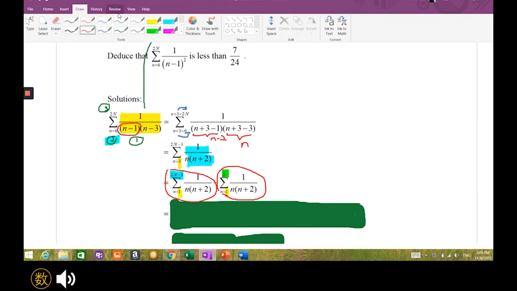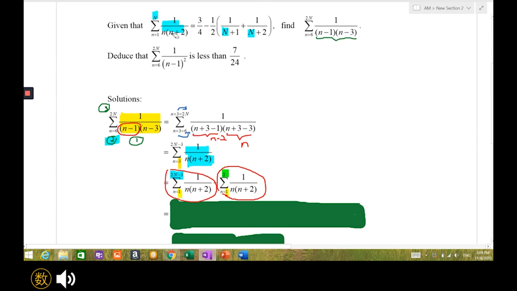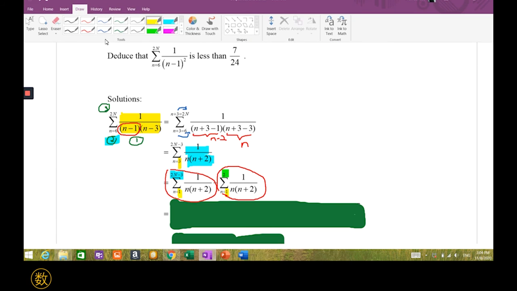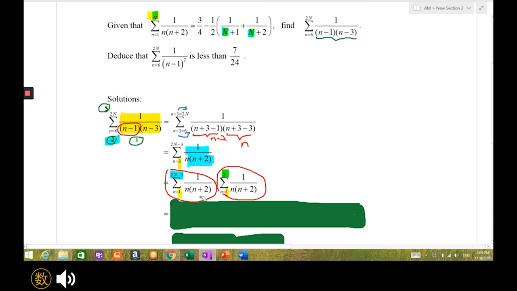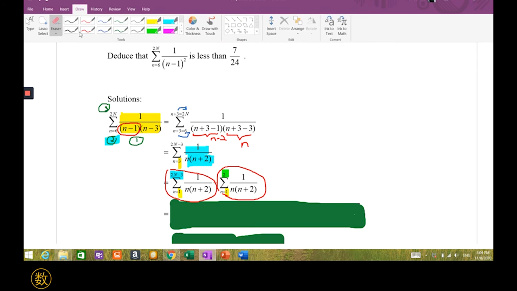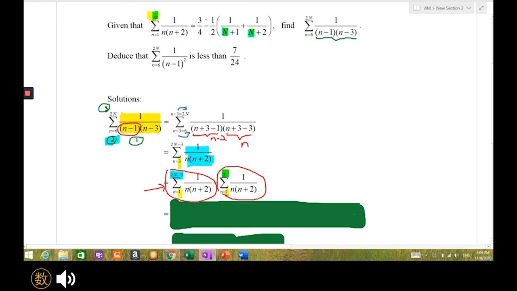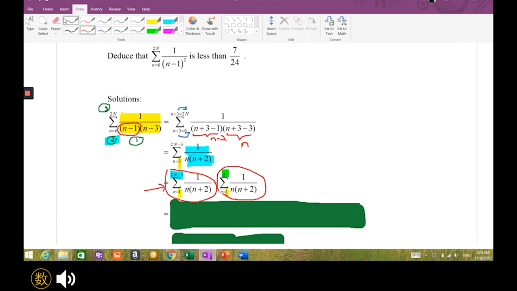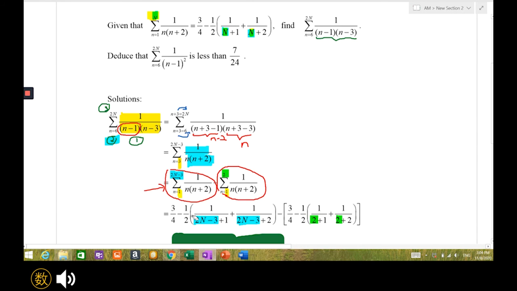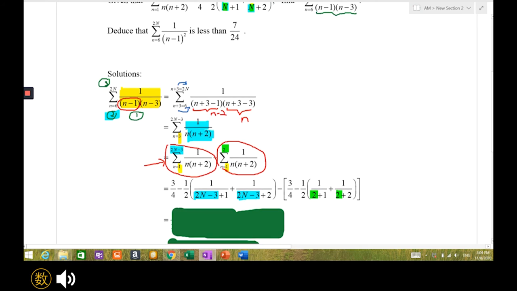So for the first term, this is just replacing the capital N by 2n minus 3. Similarly, the one in green, the sum from 1 to 2, is just a matter of replacing capital N by 2 as well. Then the rest is just the usual algebra.